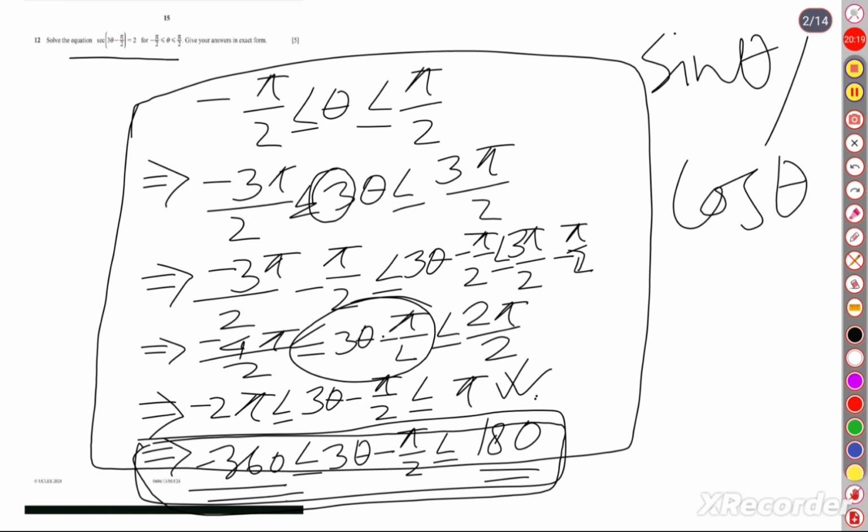Then we got our domain here for the given root, from negative 2 pi until pi, and for our convenience we can convert them into negative 360 to 180, meaning in degrees. So that is how, if you define the domain first, your solution becomes easier. Otherwise you will have to go a long way with the trial and error method.